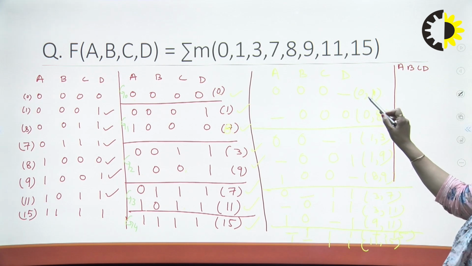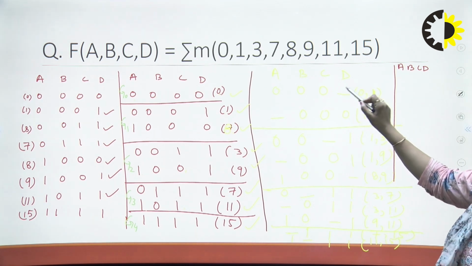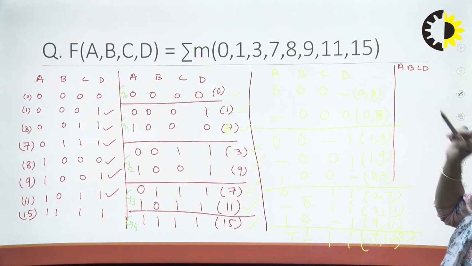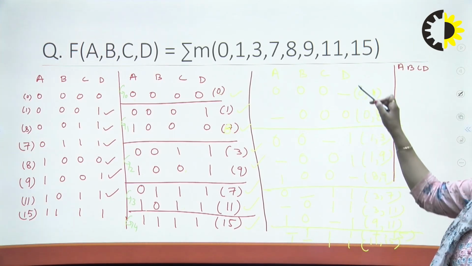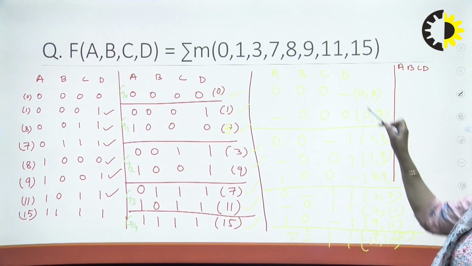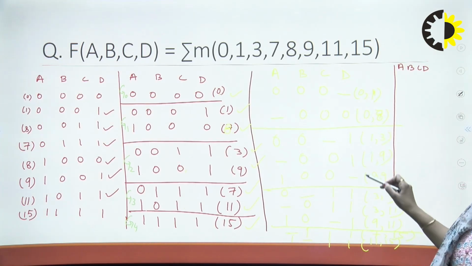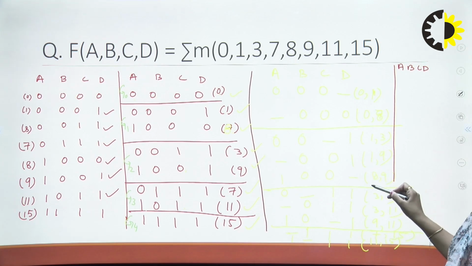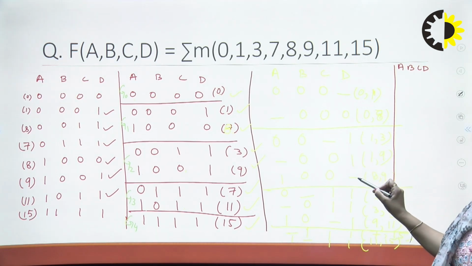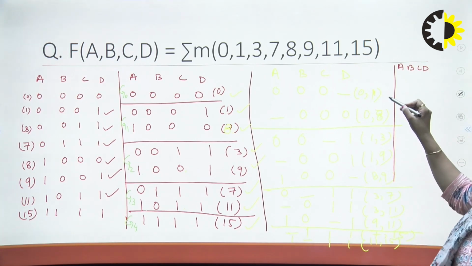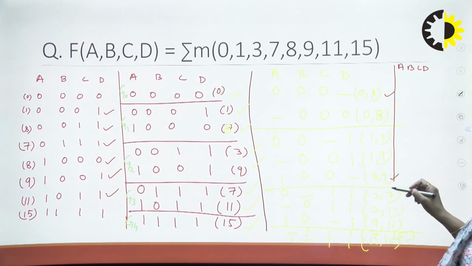If I see 0 and 1, here the dash is at variable D, right? So you check in the next group where this dash exists. If this dash exists in the last variable D, like you see in group 8 and 9, dash exists at D. You just compare these and you will see that these two will match, right?